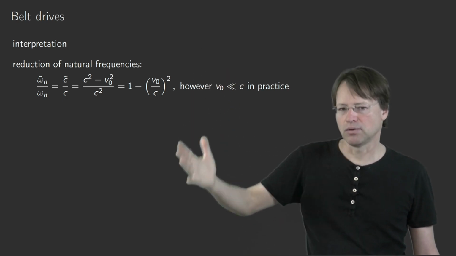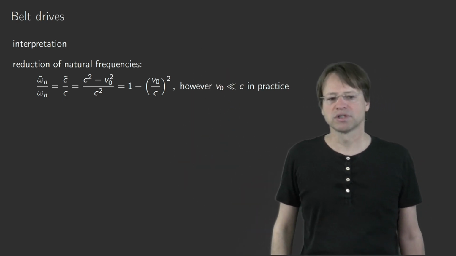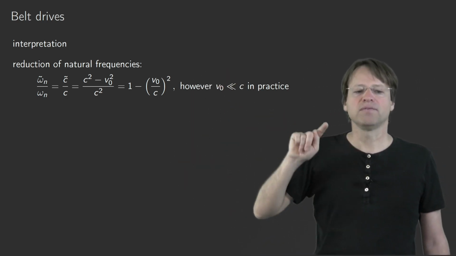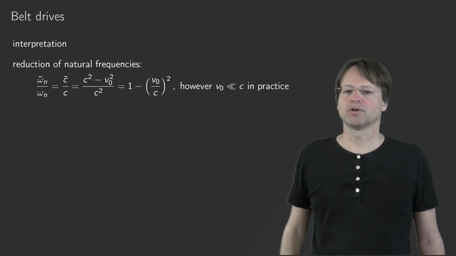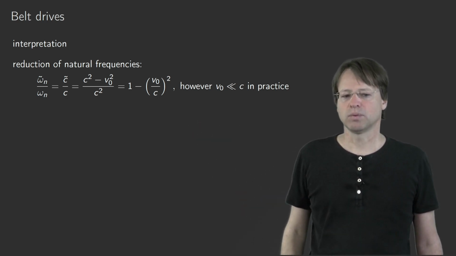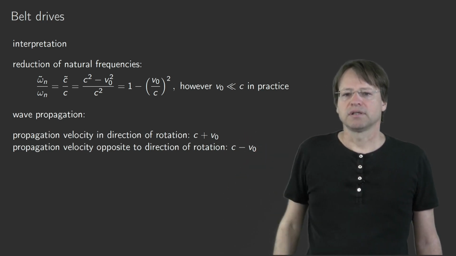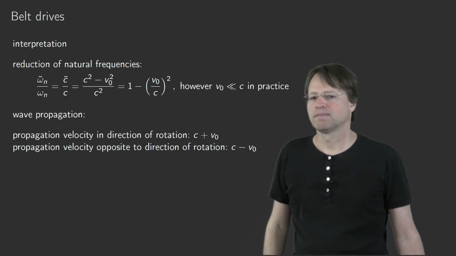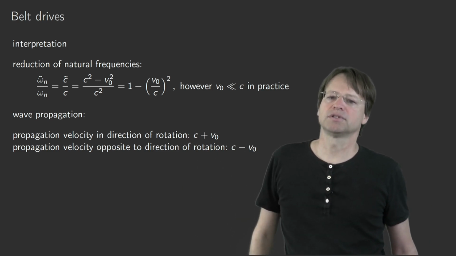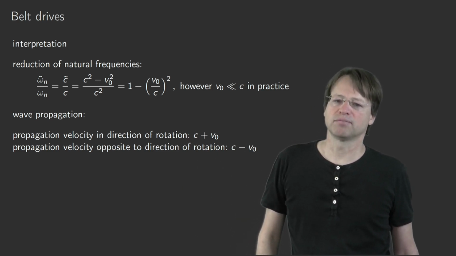So we have seen how the solution can be produced. And now the question is, how can we interpret this in terms of wave propagation? So how can we interpret the natural frequencies, or the first natural frequency, by looking at the wave propagation?